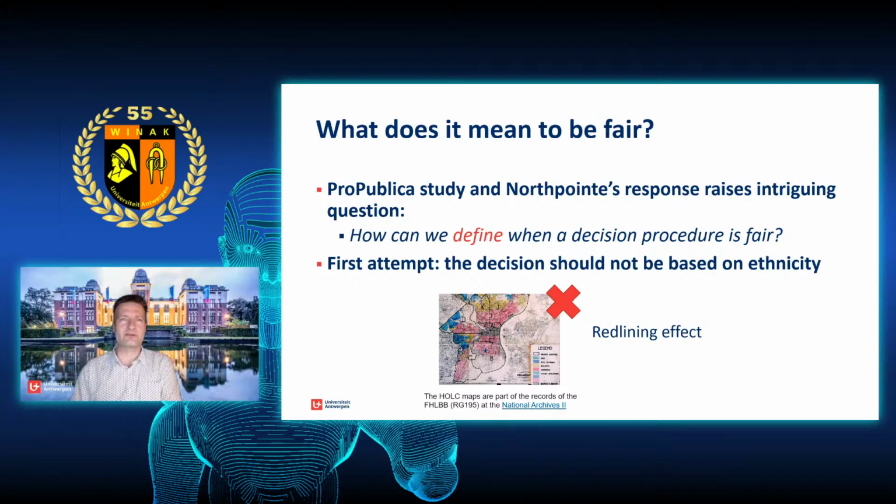However, if you do that, we very quickly get what we call the redlining effect. This term comes from a practice that was used by banks when they were no longer allowed to give loans based on ethnicity. They were dividing the map of the city into red and yellow and blue regions. And the red regions would not get a loan.